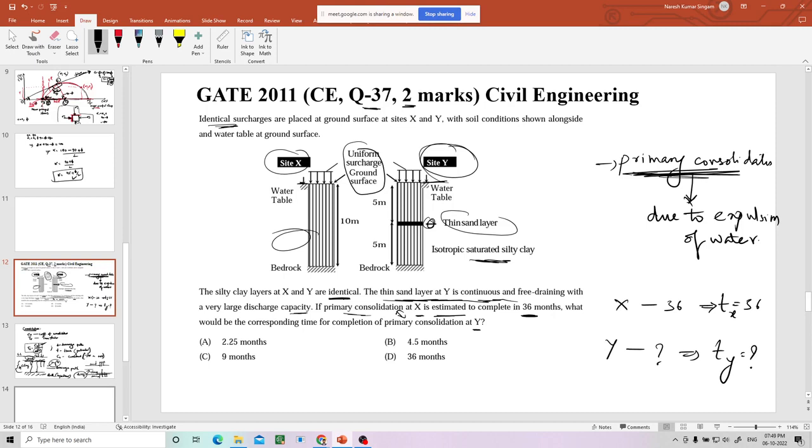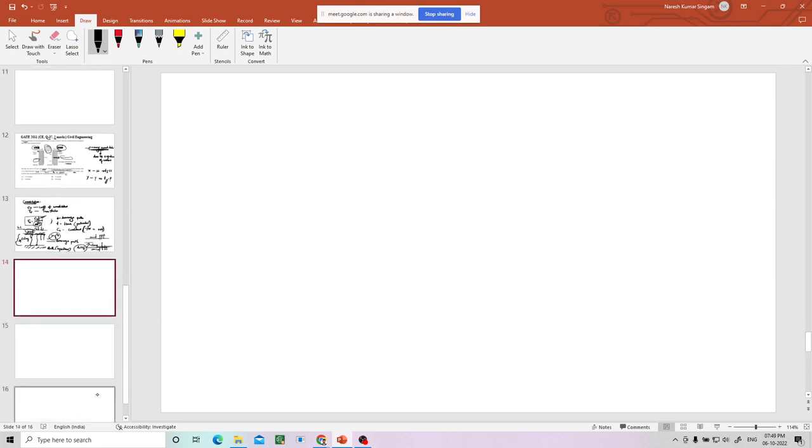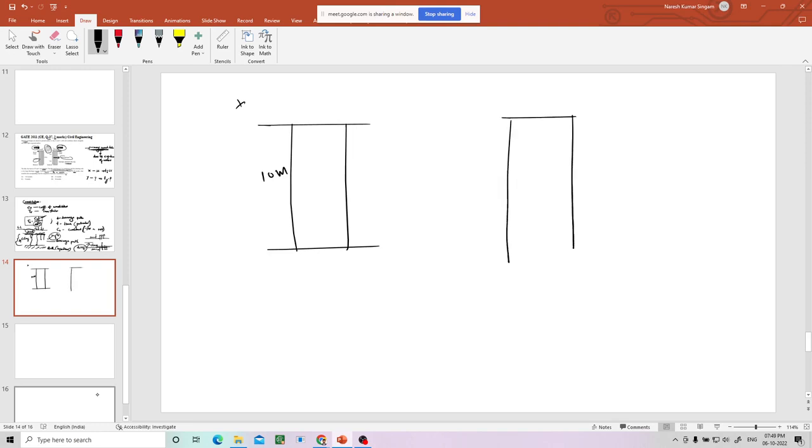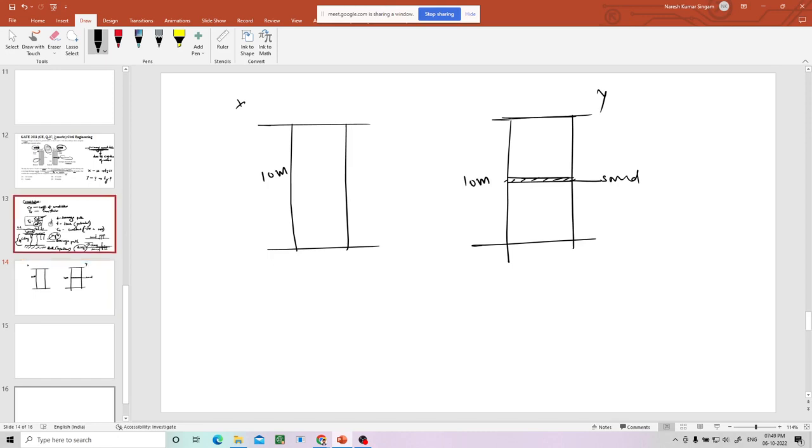Let us see. At the X side, the height is 10 meter. At the Y side also 10 meter in total, but in the middle there is a thin sand layer. That's it, this is the Y side. Now, here what is given?